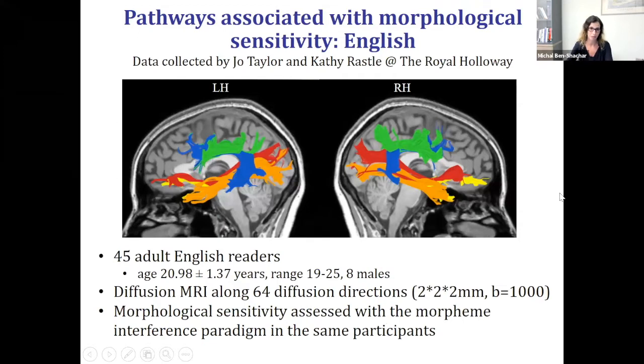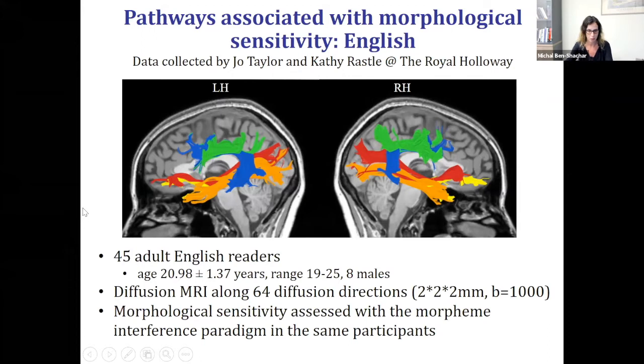So we have to take brain measures, and of course we measure diffusivity in order to quantify properties of white matter in the brains of these individuals. 45 adult English readers were measured by Joe Taylor and Kathy Russell.